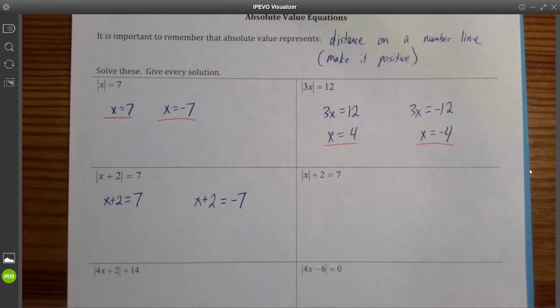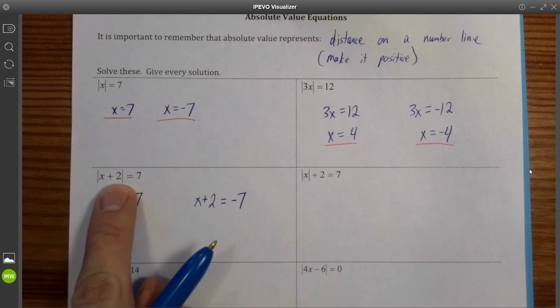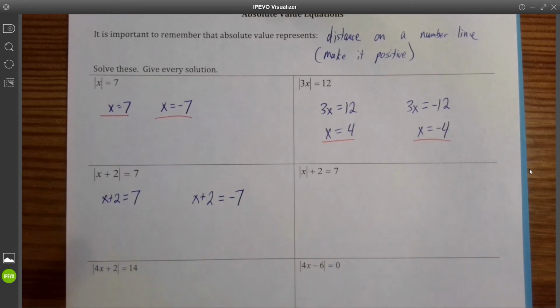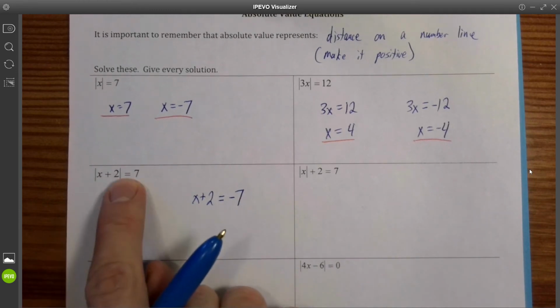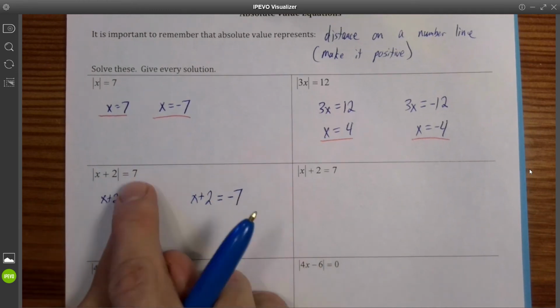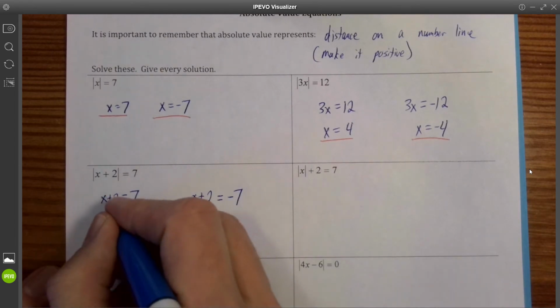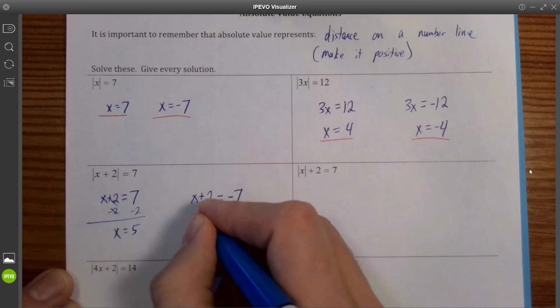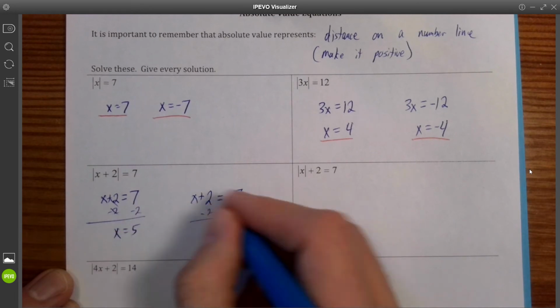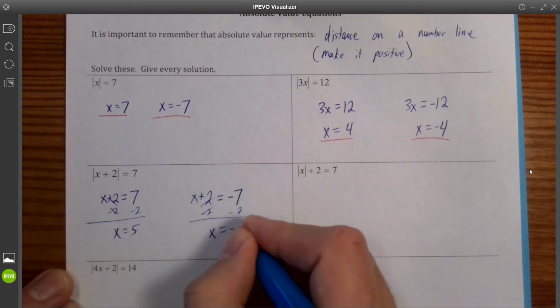So I hope you realize the steps, which we're going to write down in a few minutes, but I've just dropped the bars and done, it sounds like I'm rapping, right? I'm dropping the bars, and I am going to make this number positive and negative, and then I'll just solve them both. So if I subtract 2 on this side, I'll have 5. If I subtract 2 over here on both of these sides, I'll have -9.